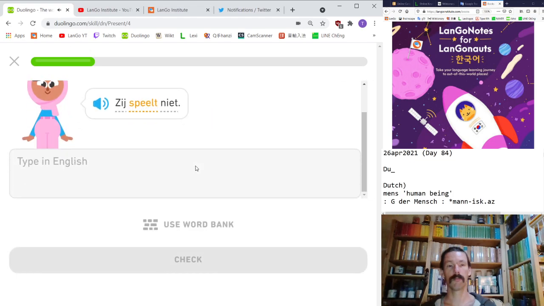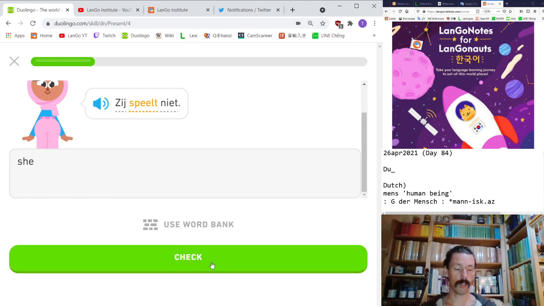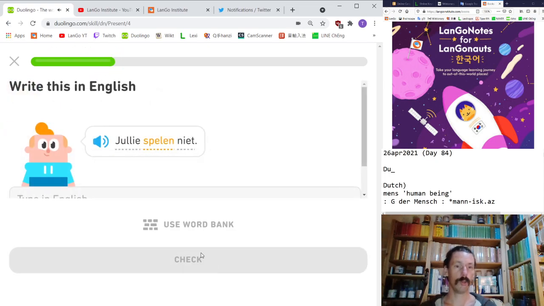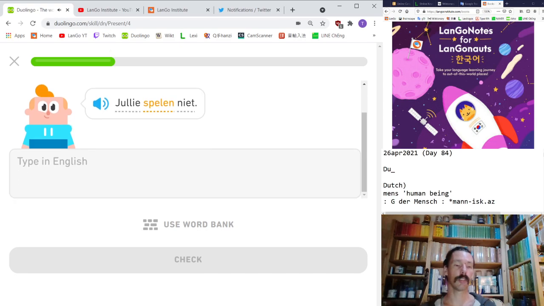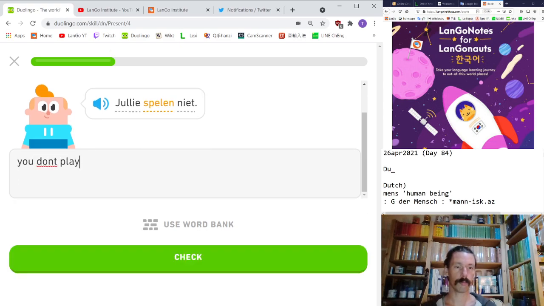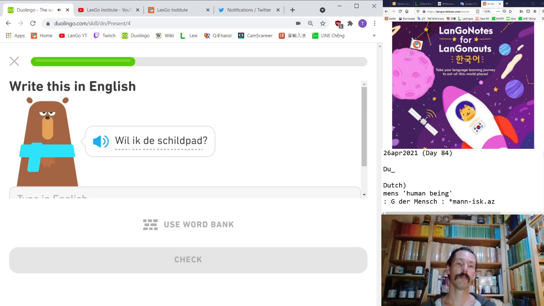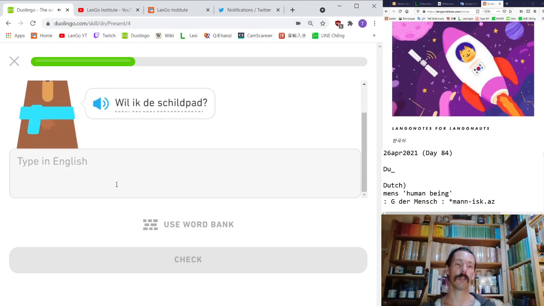Zij speelt niet. So, the verb speelt with the T suffix tells me third singular. The pronoun is she. Doesn't play. Jullie spelen niet. You don't. Wil ik de schildpad? I want the turtle.